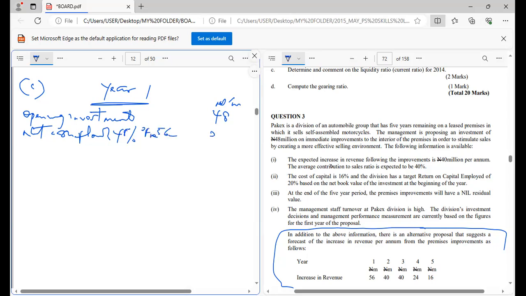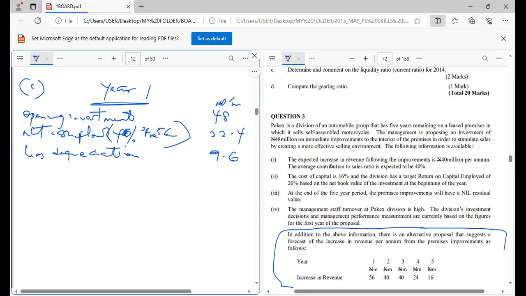So that's 22.4 million. After that, what was the next thing we did? We say less depreciation. And what's the depreciable amount? 9.6. That's what we calculated before, right?